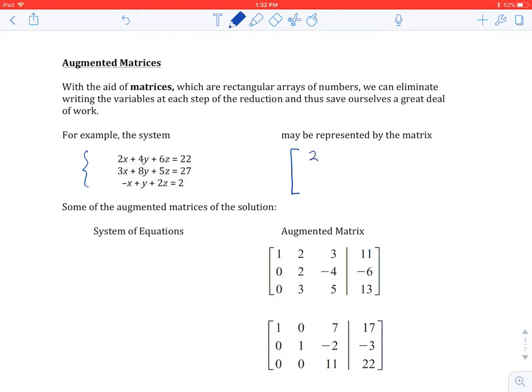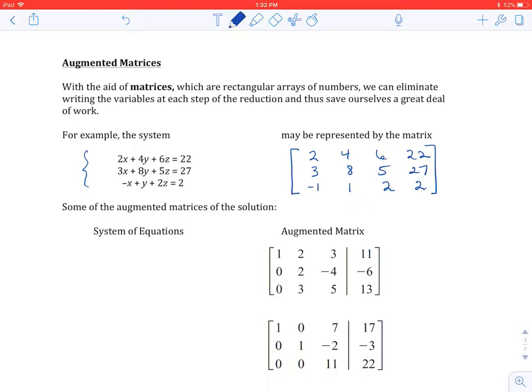So the first equation would just be 2, 4, 6, 22. The second equation would become the second row, 3, 8, 5, 27. And then the last equation would become -1, 1, 2, 2.